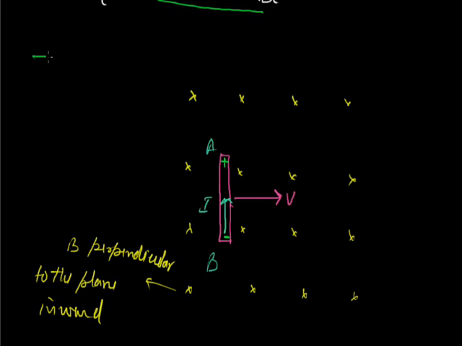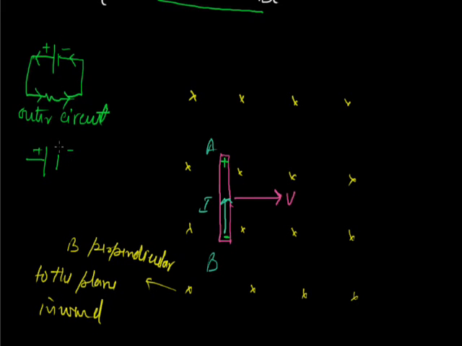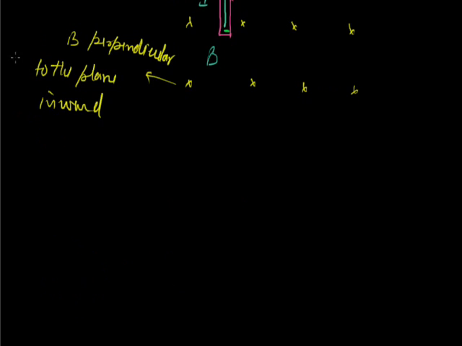For example, in a cell, if we connect a resistance, current flows from positive to negative in the outer circuit, but inside the cell, current flows from negative to positive. So here there is no source of electricity; current is produced due to the motion of this conductor. Here current flows from B to A, so B must be negative and A must be positive. Now the second law, that's Lenz law.